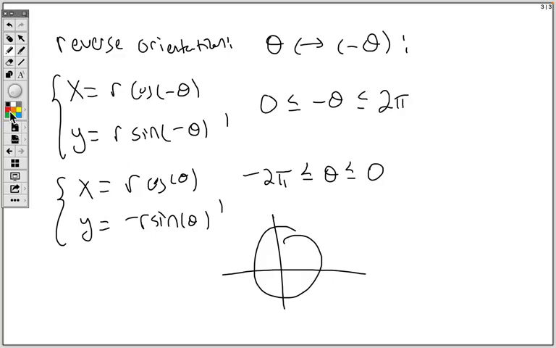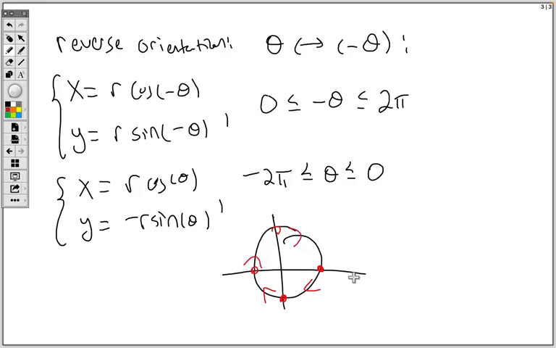So at negative 2 pi, I'm starting here, and then when I get to, for example, negative 3 pi over 2, if I plug that in, I'd be down here. Okay, so I'm starting at this point and moving counterclockwise.